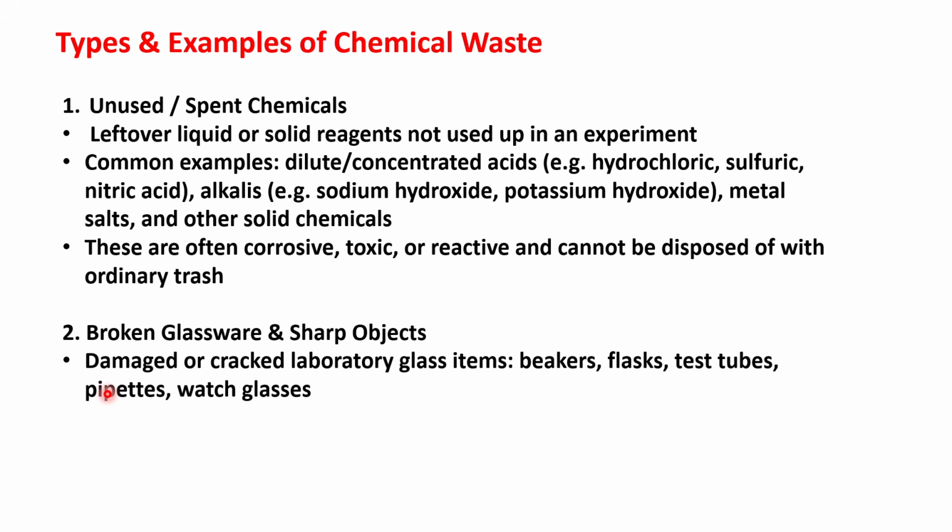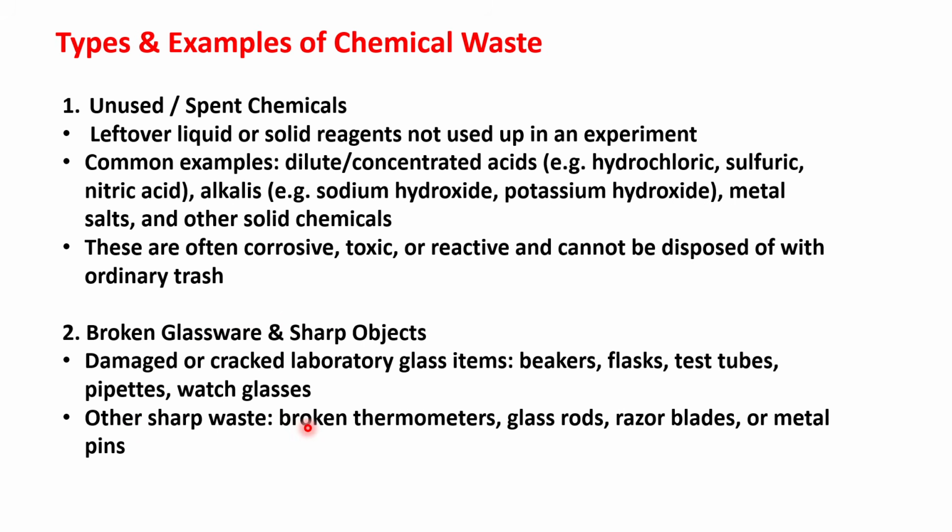Damaged or cracked laboratory glass items, beakers, plastics, test tubes, pipettes, watch glasses, when they're damaged or cracked, become sharp objects and they can lead to injuries if not handled properly. Other sharp wastes include broken thermometers, glass rods, razor blades, or metal pins.